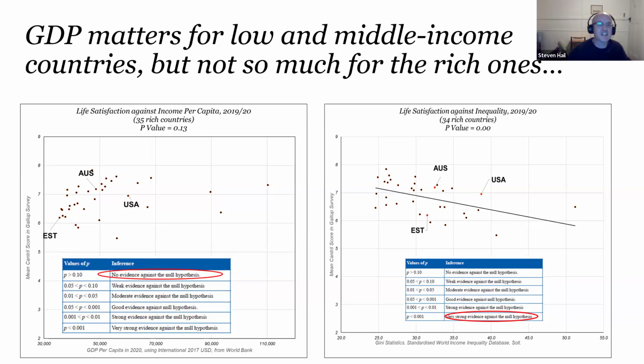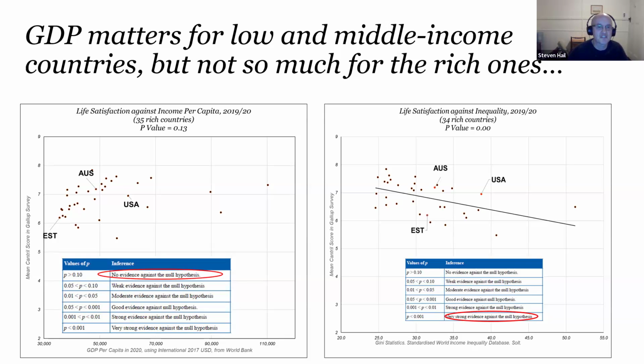And the same thing is true if we're talking about objective measures of well-being as well, like life expectancy or crime rates, things like that. But this is no longer true if you separate out the richest countries. So I've taken the 35 highest income per capita countries in 2020 here. That's countries above Estonia as far as the data is concerned.